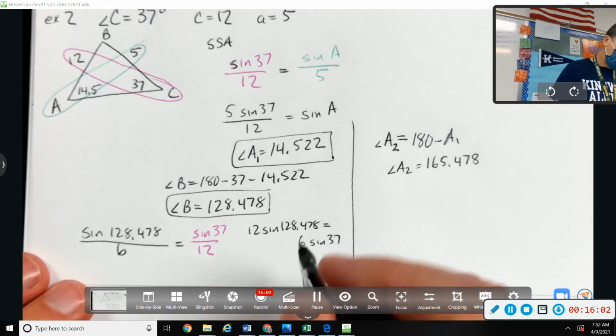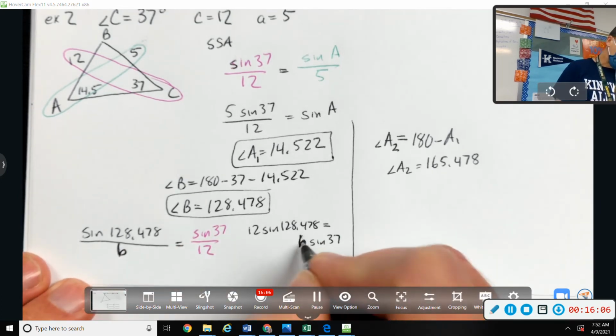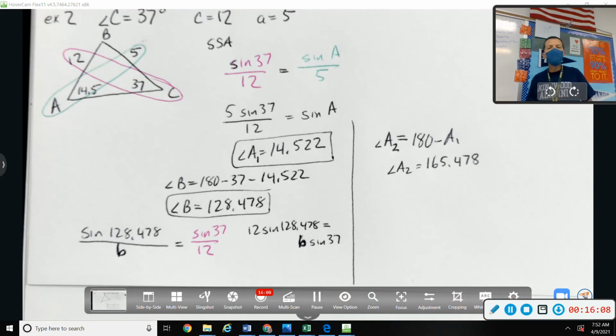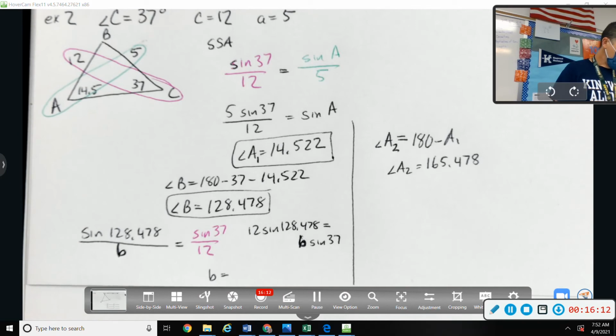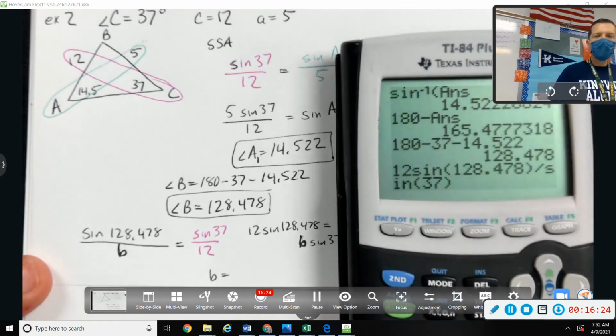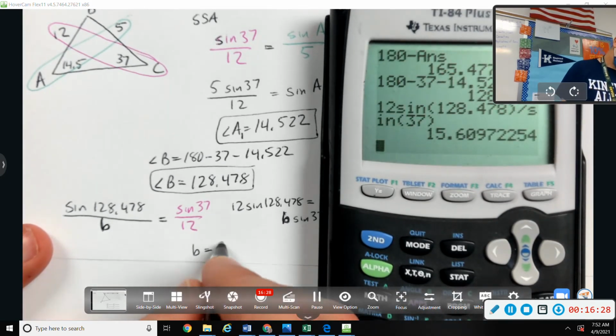Whoops. Made the mistake that happens. Confused my B's for 6's there. So 12 sine 128.478 divided by sine of 37 tells me what side B is. 15.610.